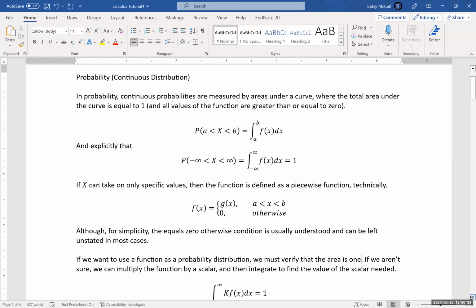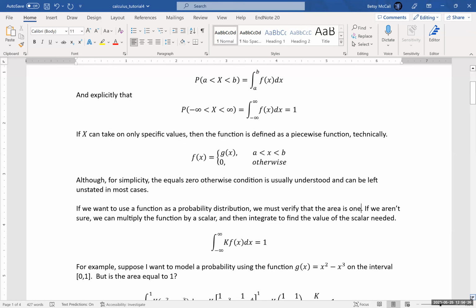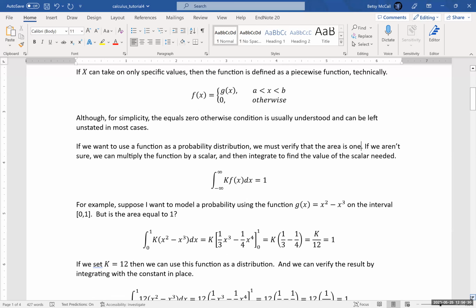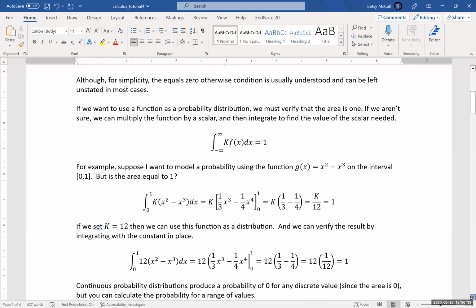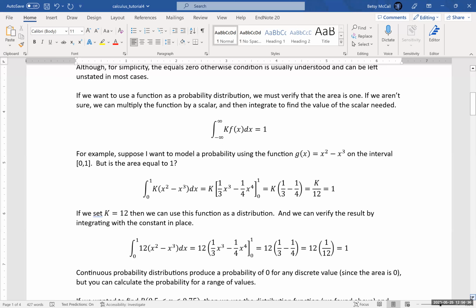All right, so this is sort of the wind up. Continuous probability distributions are basically a calculus problem, but they have a particular property, that is that the area under the curve is 1.